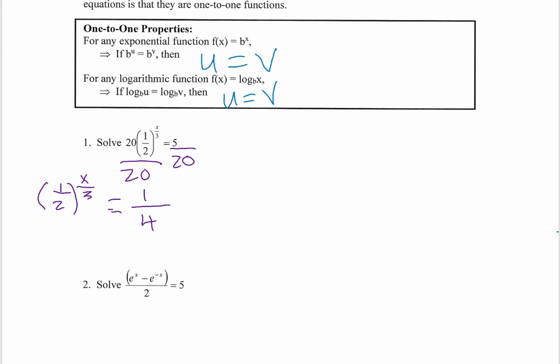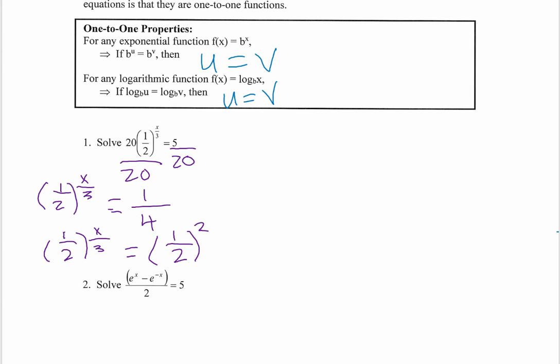Okay, so now we've got a fraction on each side. One side has an exponent, the other one doesn't, and that's okay. Our end goal here is to get it to look like that very first part of the one-to-one properties box, where we've got the same base on both sides and just our exponents. So I can rewrite that 1/4 as 1/2 raised to some exponent. 1/4 is really 1/2 squared.